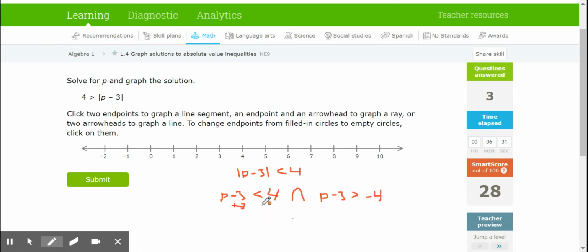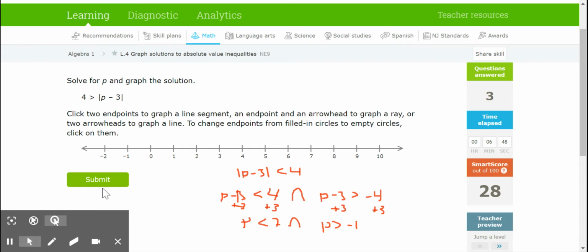Okay, we can add 3 to both sides. Add 3 to both sides. And we've got P is less than 7, and P is greater than negative 1. So this is an and statement. They're going to be connected from negative 1 to positive 7, but I don't want 7 and I don't want negative 1.